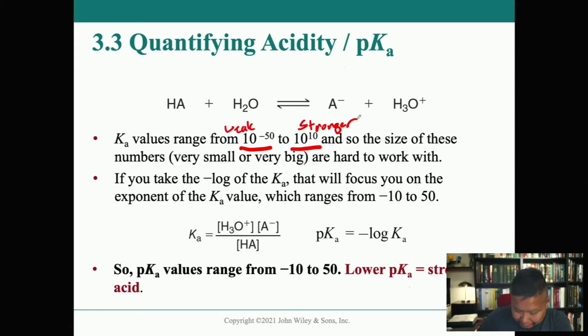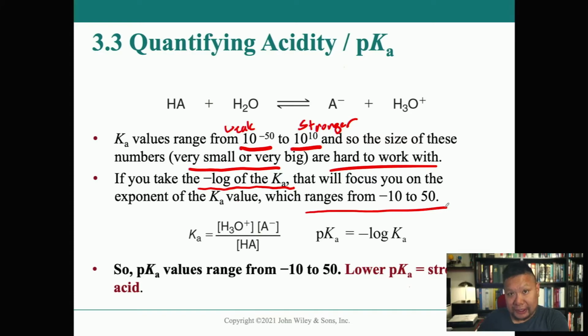Well, those numbers are really big or very small, so they're really difficult to work with. So as chemists, what we do is we take the negative log of the Ka. And when you do that, it focuses the range down from 10 to the negative 50 to 10 to the 10, to negative 10 to 50. So quite literally, we're just taking the negative log of the entire Ka equation.